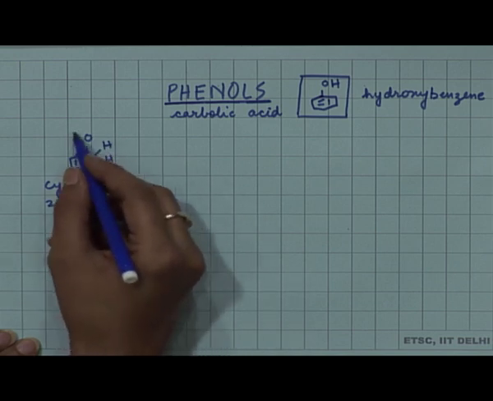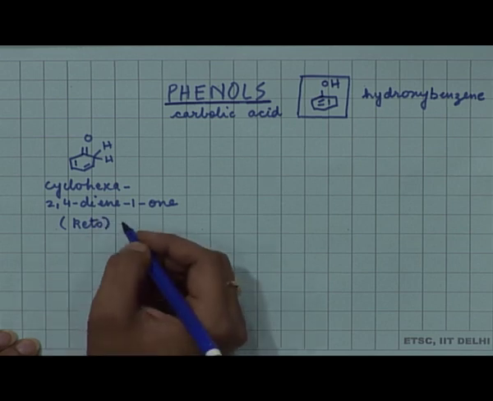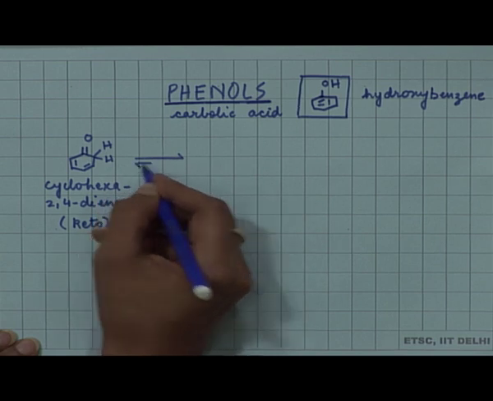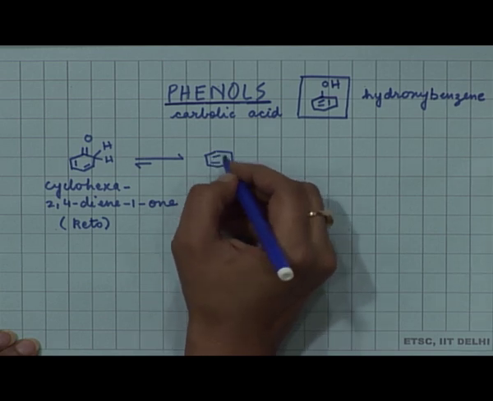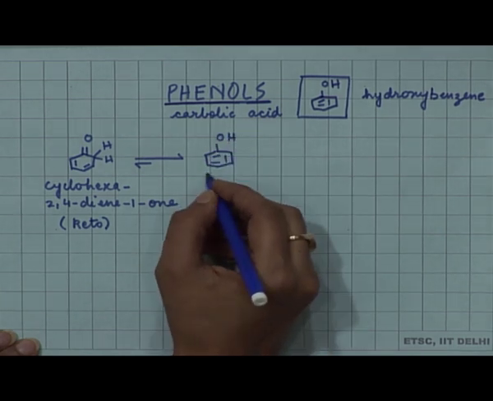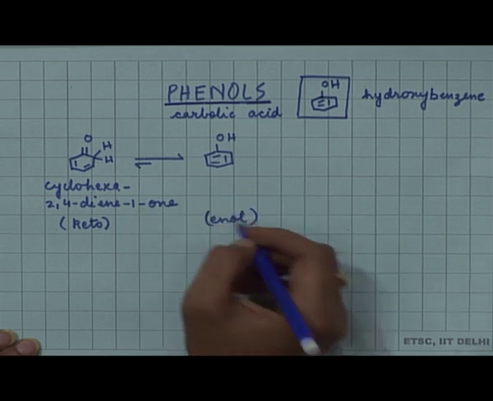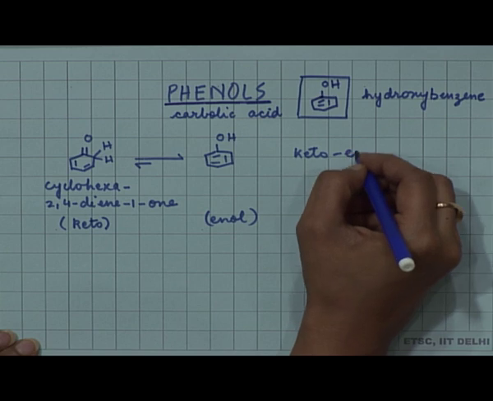So, this essentially represents the keto form of the phenol. This can change to the enolic form, which is actually the phenolic form in this case. So, this is the keto form and this is the enol form of this molecule, and this is what we call Keto-Enol Tautomerism.